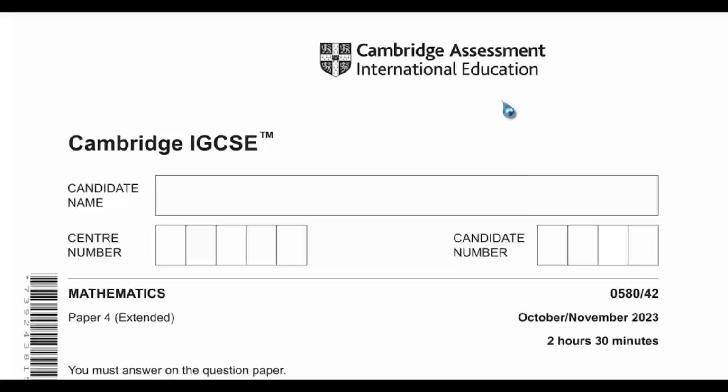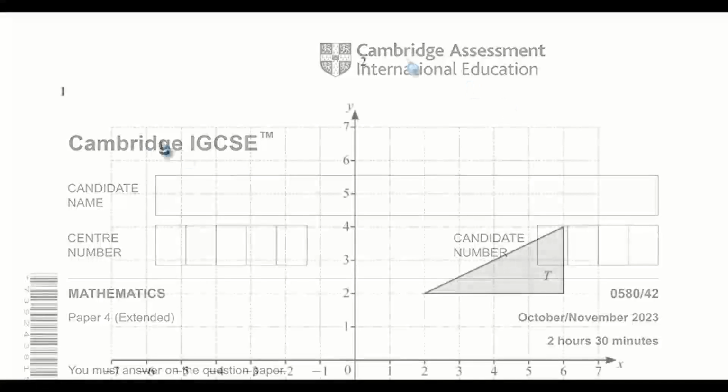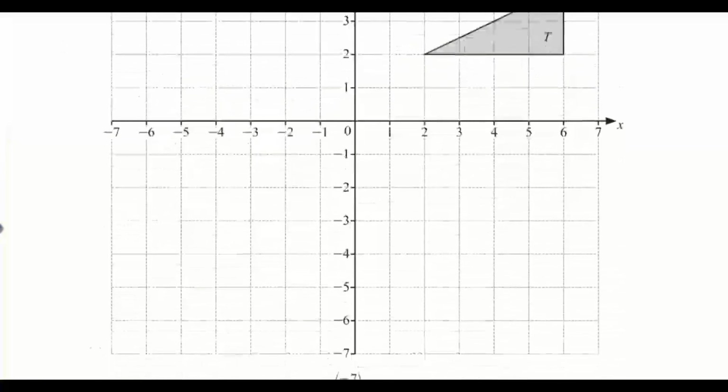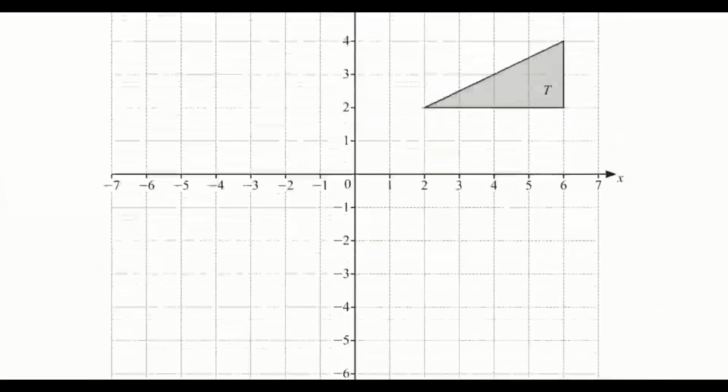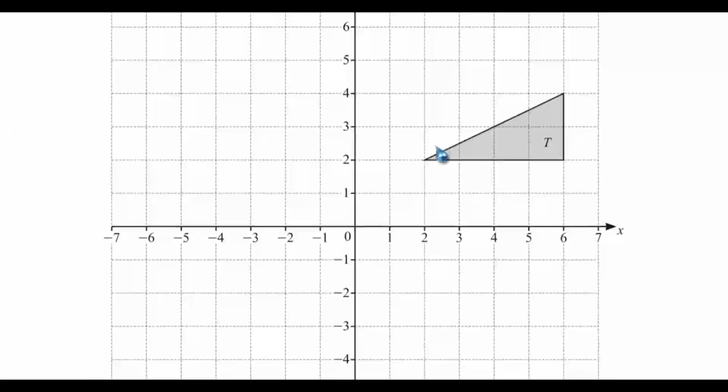Let's jump into the first question. Question 1. Translate triangle T by the vector -7, 1. Label the image K. So let's go to the triangle T. The first thing we need to do is to label this triangle.